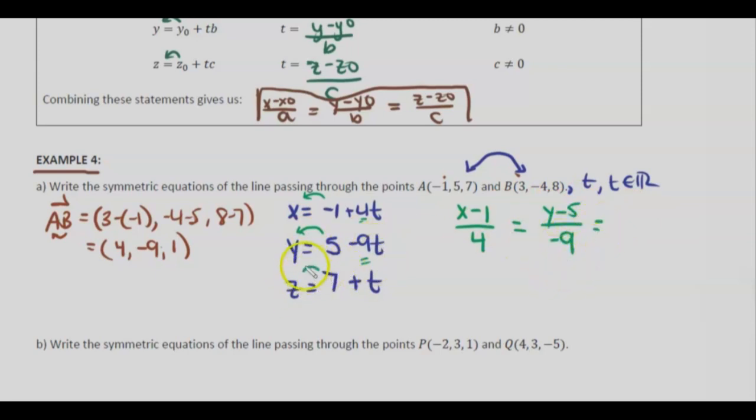And for the z, we would bring over the 7 and divide out by 1. So actually, we can just write equals z minus 7. And a lot of times, solutions will put this right in the middle. It won't be shown over 1. But you can put it over 1, and that's okay too. Okay, sorry. This negative 1, it would become plus 1.